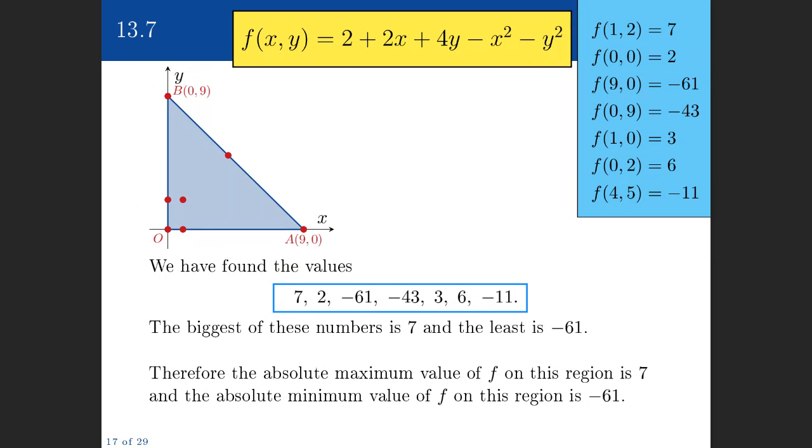Which of these numbers is the smallest or the least? Minus 61. And that's how we answer this question. The absolute maximum of f on this region must be 7. The absolute minimum value of f on this region must be minus 61.